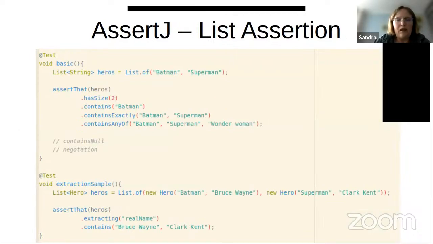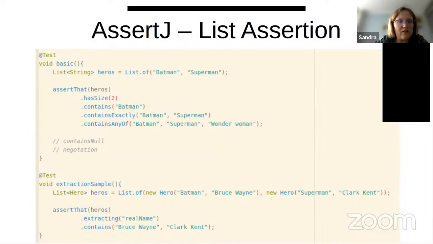For me, the main argument for AssertJ is the list assertions. I can give AssertJ my list with some objects, and I have a fluent API where I can test many constraints on it. So I don't need to write boilerplate code to test the size of my list, and then unpack my list to go inside of it.